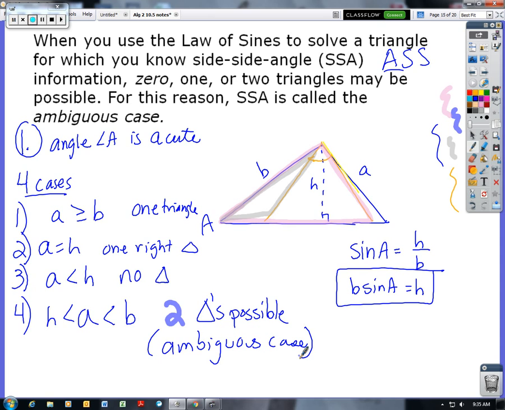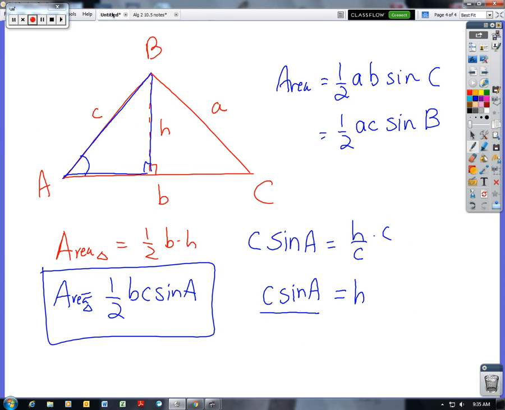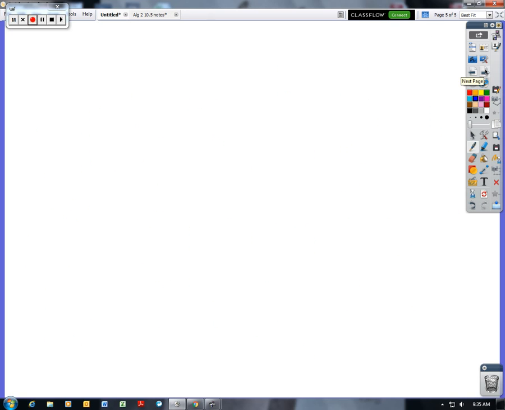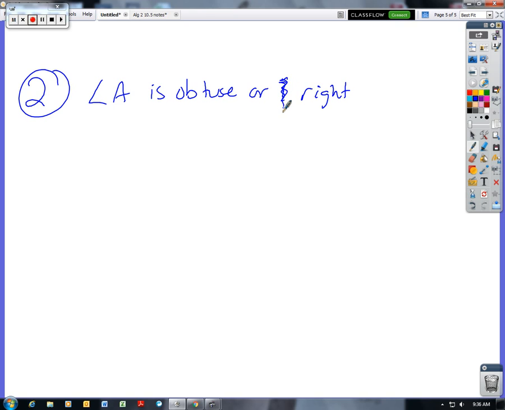All right, so this whole page is when angle A is acute. Now let's go to a new page and discuss when angle A is obtuse, or right. Fortunately, this one's easier. So let's draw our situation.